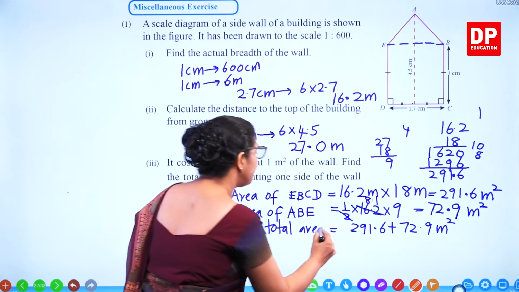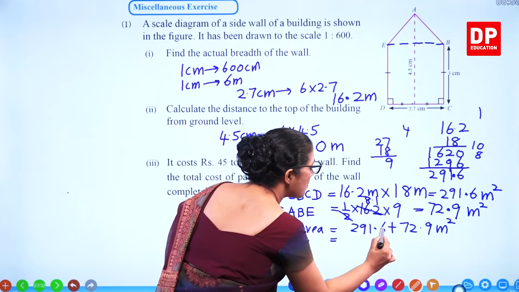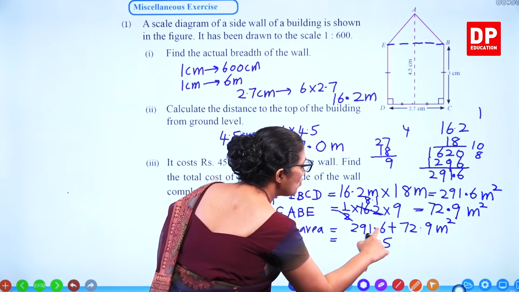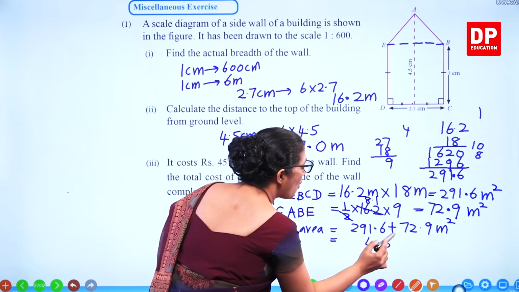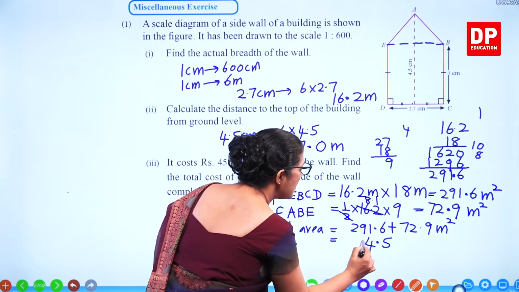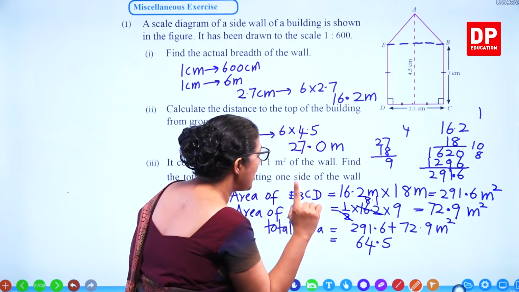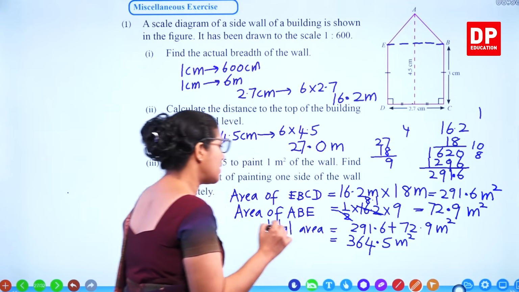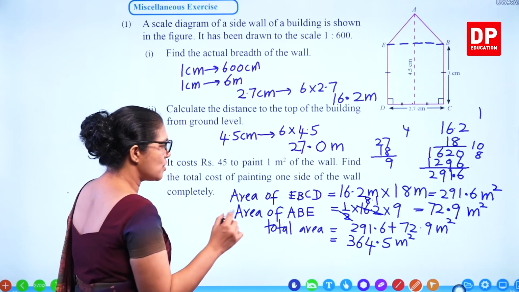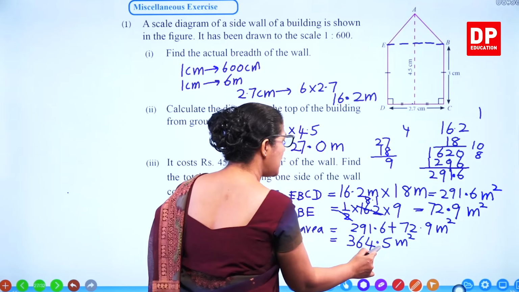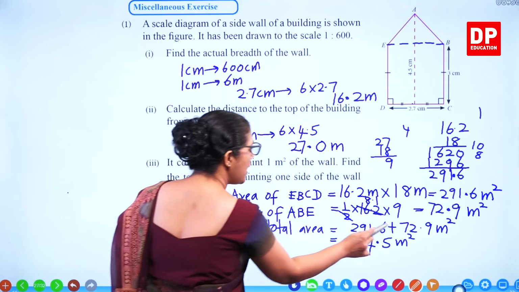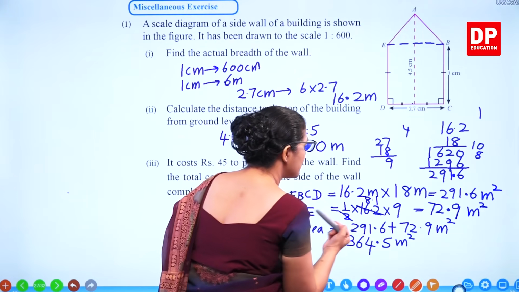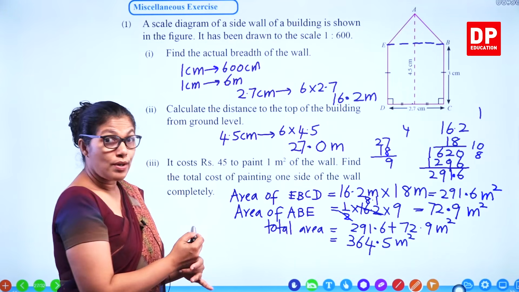Add it together. 9 plus 6, 5. 1 remaining. So 2, 3, 4. And 9 plus 7, 16. 1 remaining. That's 3. So square meters. 364.5. Check it again. 9 plus 6, 15. And 1 remaining, 4. And 9 plus 7, 16. And 1. So that's correct. So this is the total area.